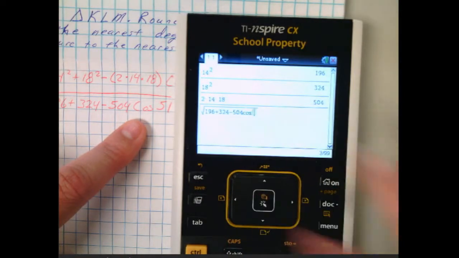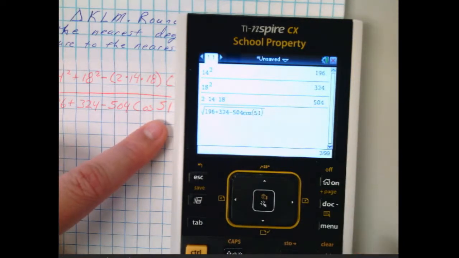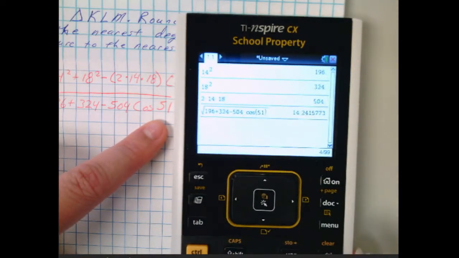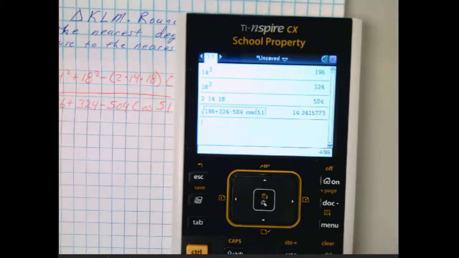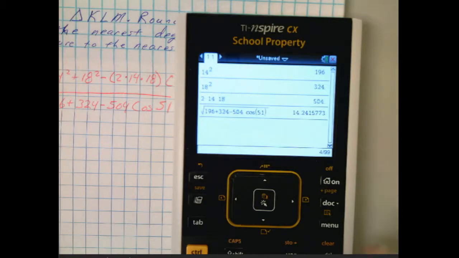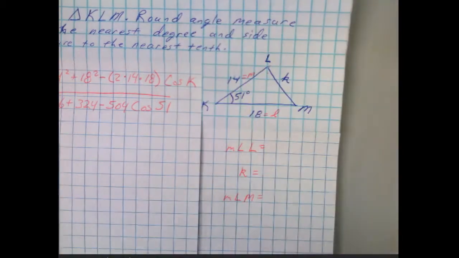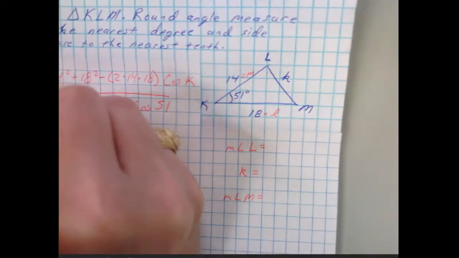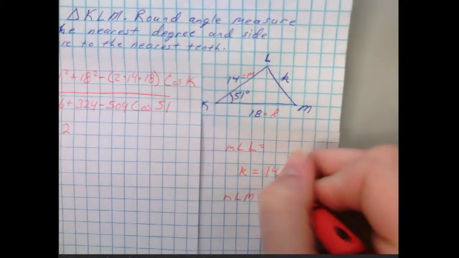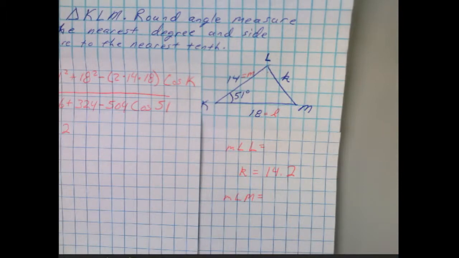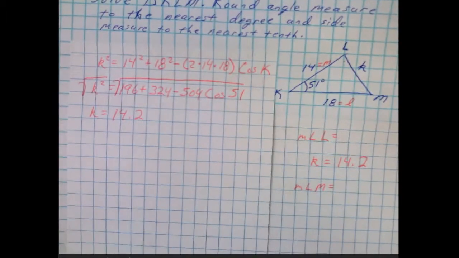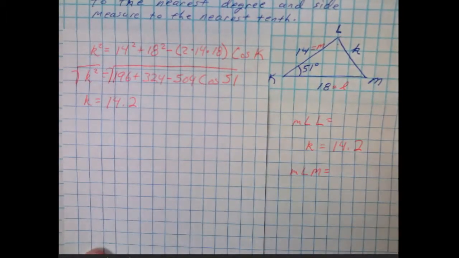So go to my trig functions, cosine of 51, and then we hit enter, and we come up with 14.2415773, and it told us to go to the nearest tenth, so we're going to go 14.2. So this is 14.2, and I'm going to bring that over here as well. Okay, so 14.2 is our K.